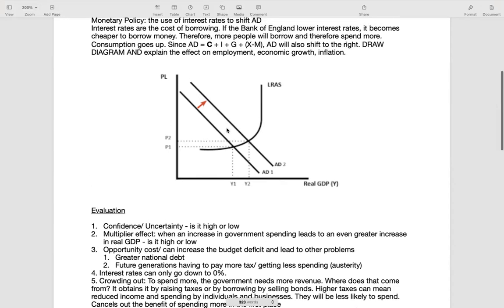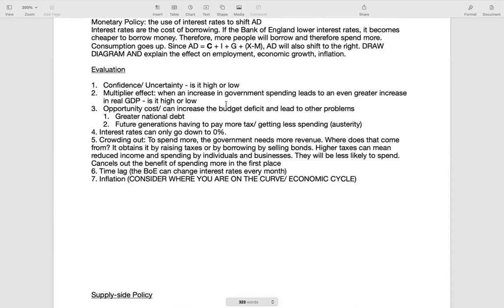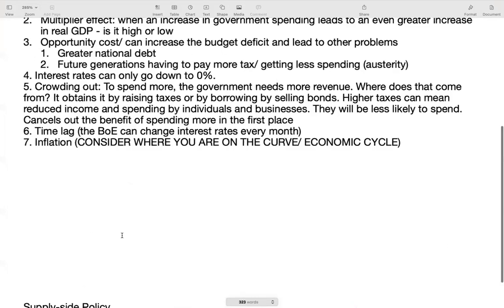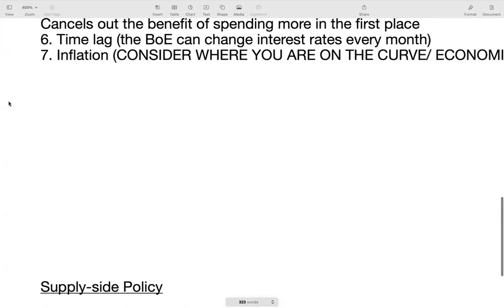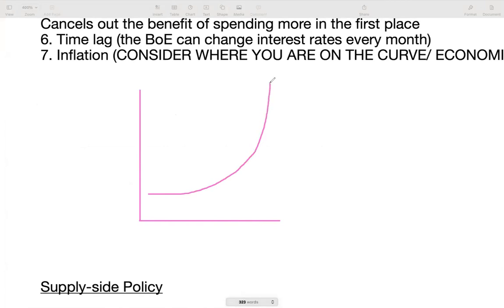Let me draw it actually. Let's say we have a supply curve like that. See that? And then we have price level and then GDP.